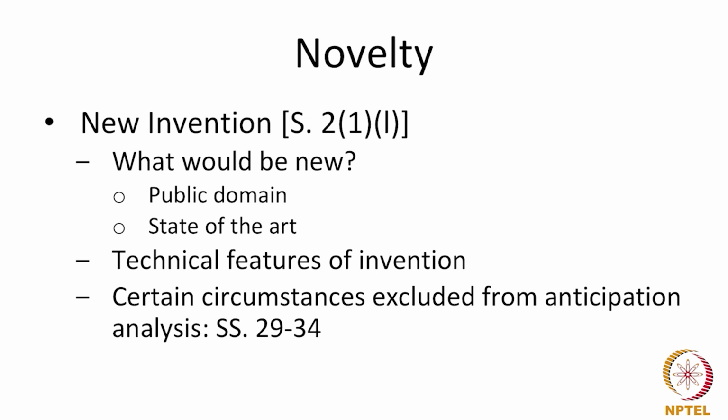So, there could be subscription websites where a piece of disclosure is published, but it is not available to the public unless a person pays a subscription fee. That would still amount to the public domain. The fact that something is behind a paywall, and it requires payment of money, will not take it away from the public domain.